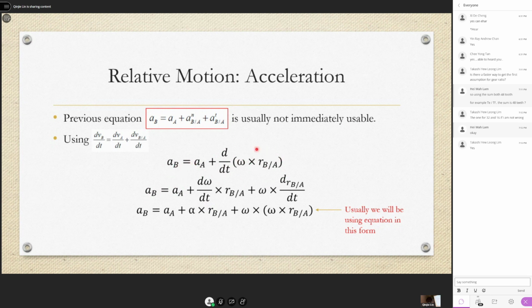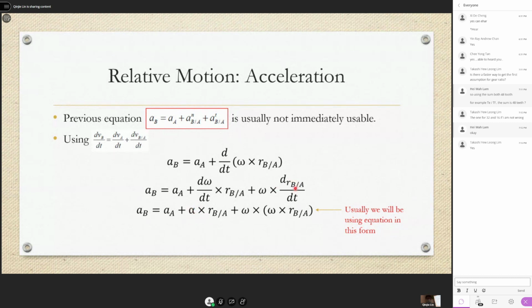If you expand this thing out, it will be d omega over dt cross RBA first, plus omega cross dRBA over dt. Okay, this is our cross product, and then you differentiate a cross product, it will turn out to be like this. Then d omega over dt, we know you differentiate your angular velocity, you will get your alpha. That's why I change to alpha.